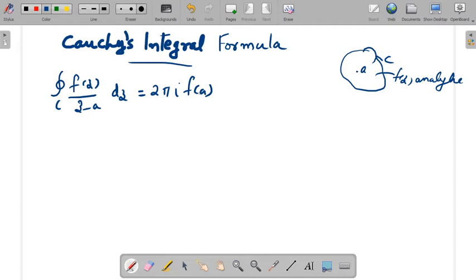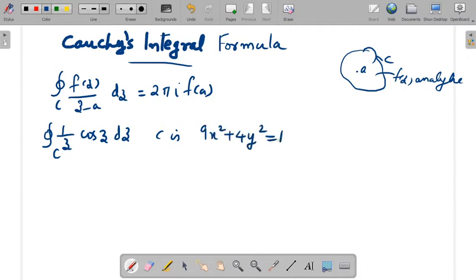So consider integral over C 1 by z cos z dz, where C is the ellipse 9x square plus 4y square equal to 1.